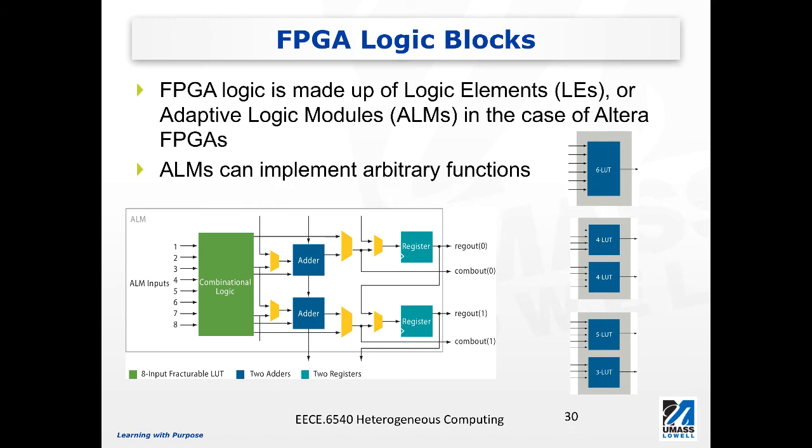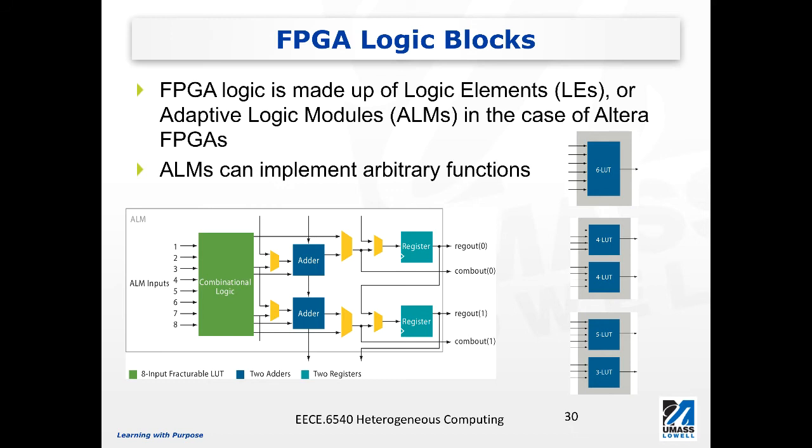ALMs can be implemented into arbitrary functions. Let's look at the diagram of an ALM. In an ALM, typically there's a combinational logic with up to 8 inputs, and the output of the combinational logic can be fed into 2 adders, whose outputs can again be fed into registers to implement state machines.